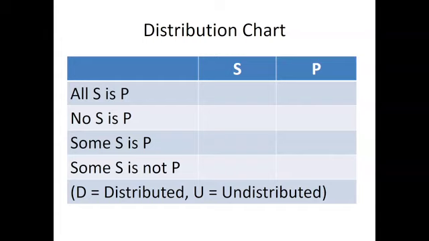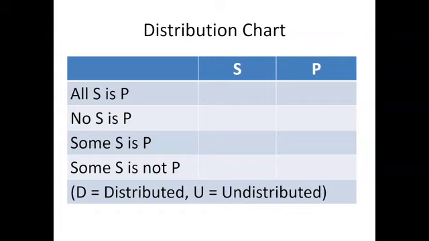So you can make an easy to use chart which lists the 4 types of categorical propositions and indicates which of the 2 terms in that proposition is distributed or not. And you can use this later for applying the rules.